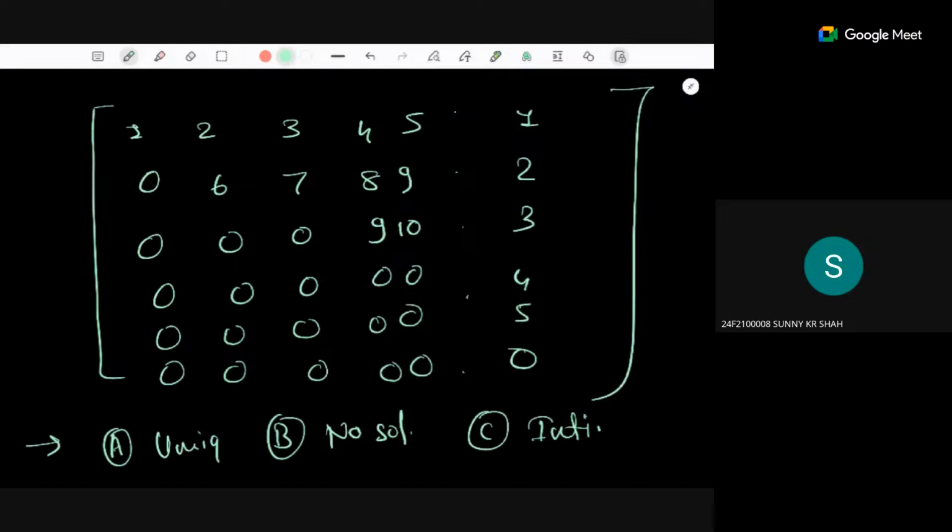Okay, I have one vote for infinitely many solutions. Anything else? Anyone?